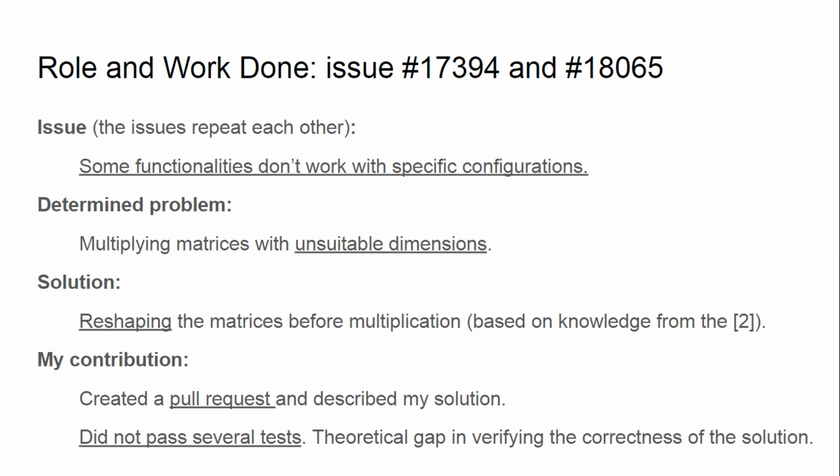So although my assumption was based on the knowledge from the book, there was no way to verify this correctness because I didn't have some other sources of information, and also none of the core contributors were able to answer my questions during the discussion of this pull request. So I guess that there was some gap in theory that didn't allow me to complete this pull request correctly.